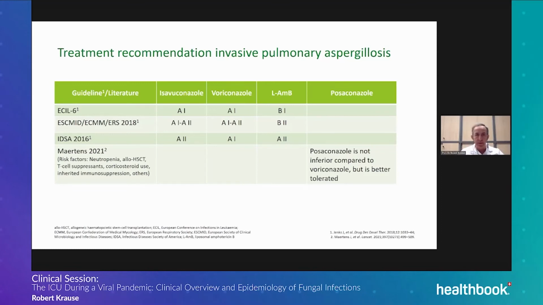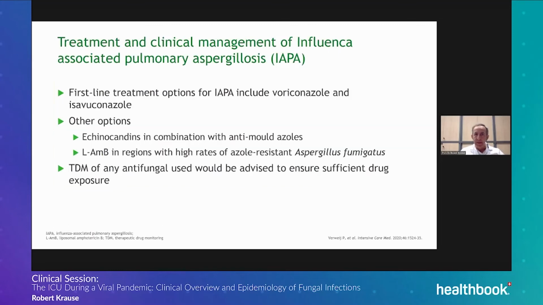When we look at the most recent guidelines of the ESCMID, ECMM and ERS, we can see that isavuconazole as well as voriconazole has an A1 to A2 grading, and liposomal amphotericin B a B2 grading, and posaconazole is not yet graded, but this will be a topic of the future.